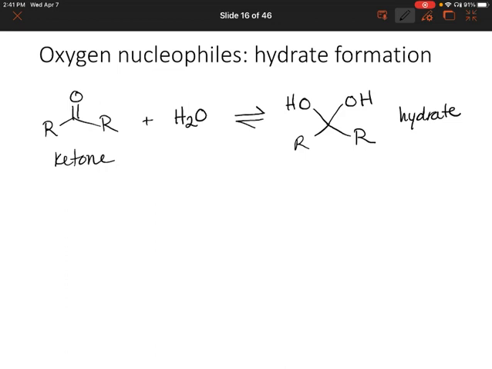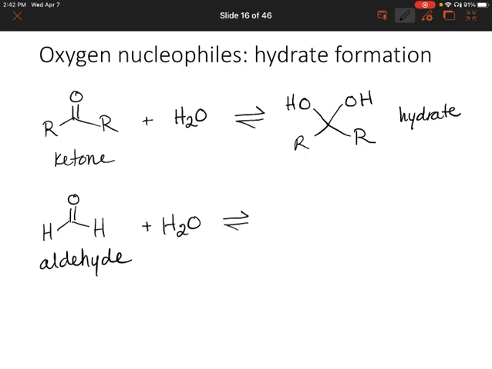Now, what if we did the same reaction but with an aldehyde? So we'll use formaldehyde here. Well, we get something similar. We get two alcohol groups, but instead of two alkyl groups down below, we have two hydrogens from our aldehyde.